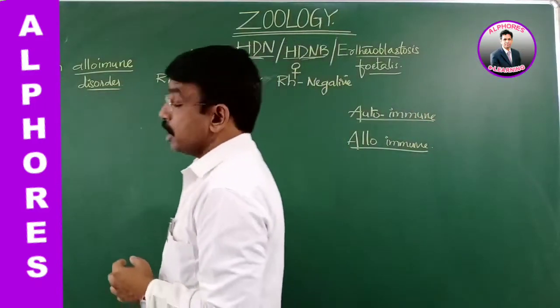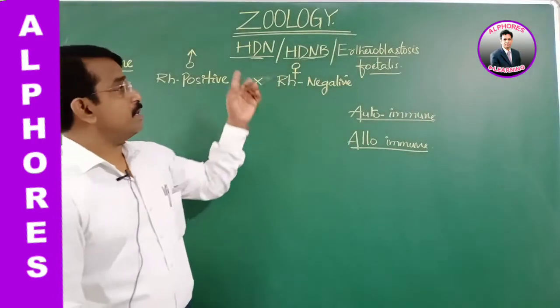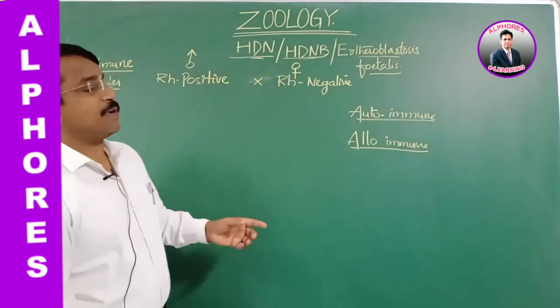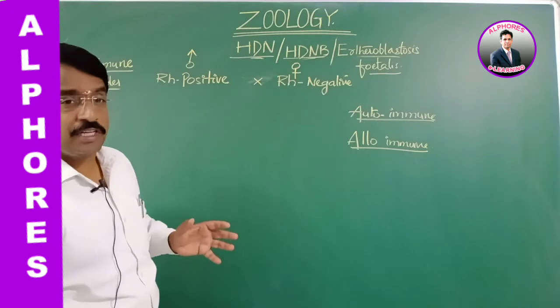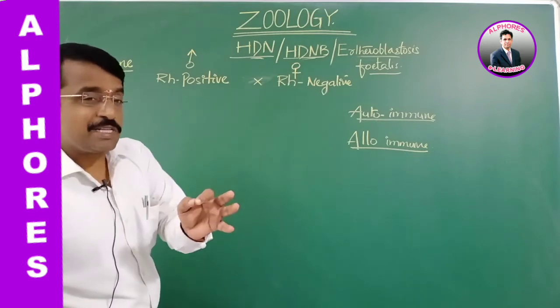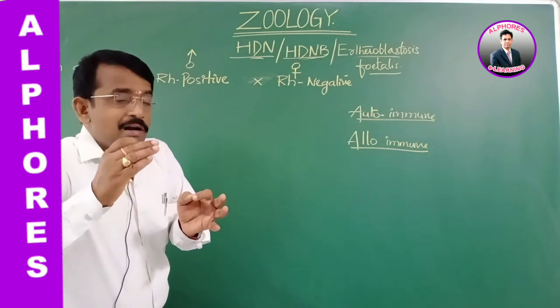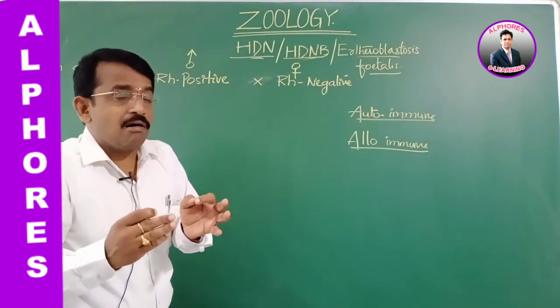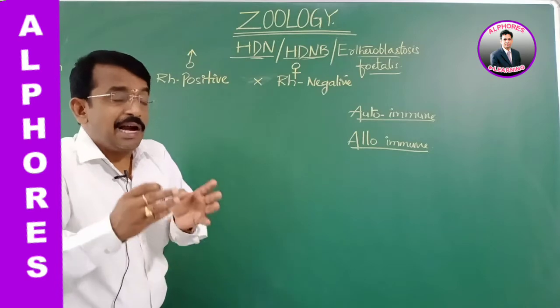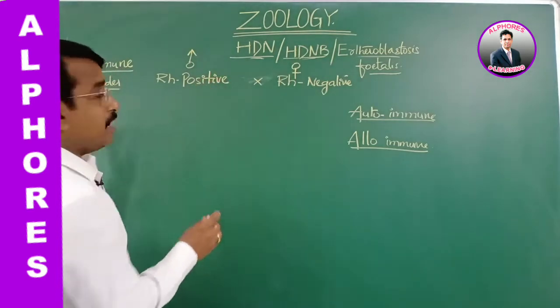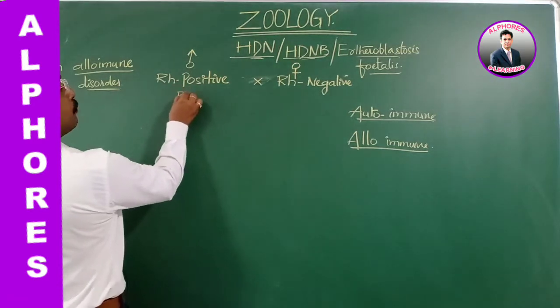So HDN, HDNB, erythroblastosis fetalis is the consequence of genetic incompatibility between the Rh negative mother and the Rh positive fetus, and this fetus is Rh positive because the father is Rh positive.